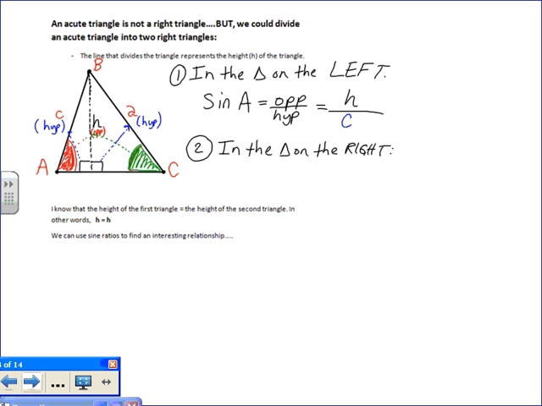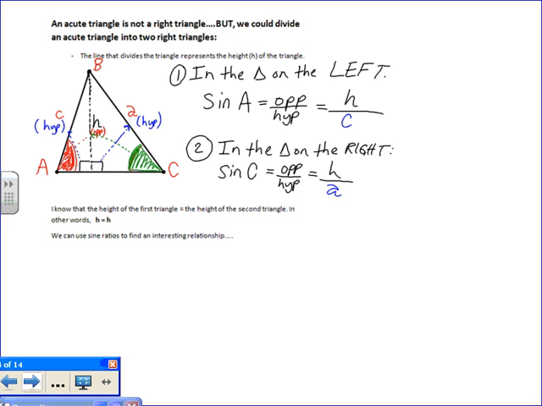So if I were to take the sine of angle C, sine of any angle is equal to the opposite over the hypotenuse. And so for this other right triangle, the opposite is, again, H. And this time it's over A.